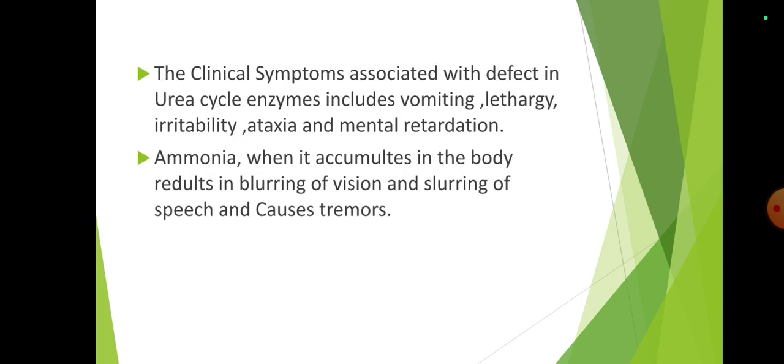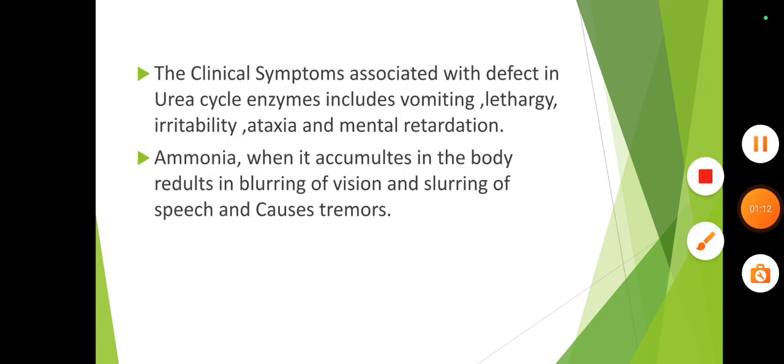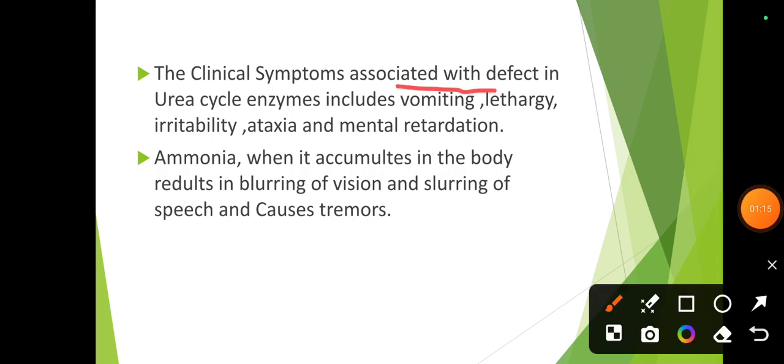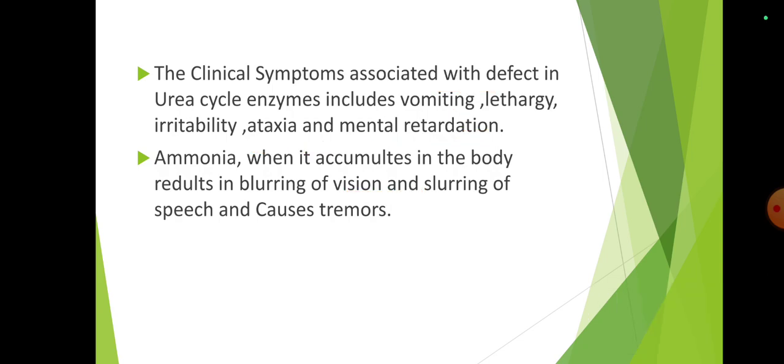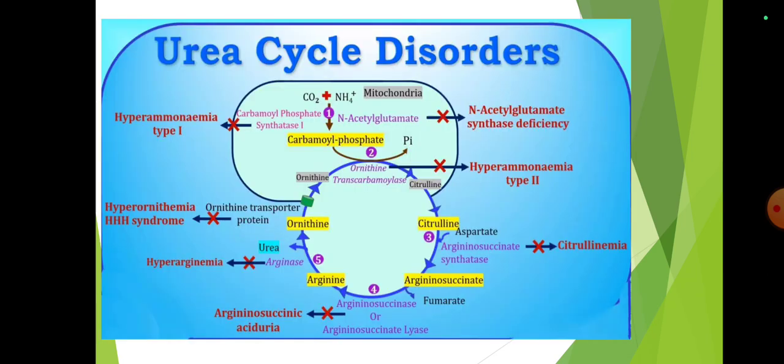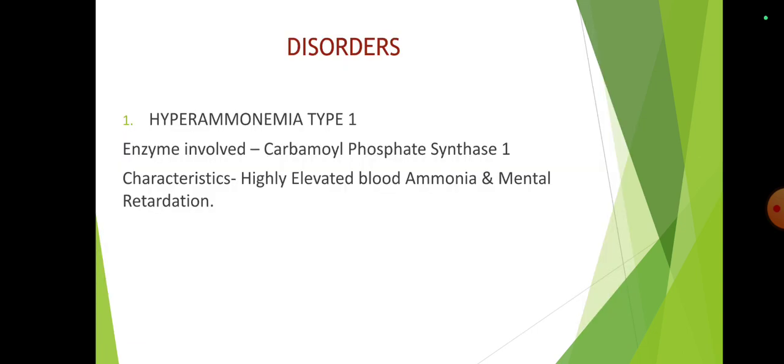Clinical symptoms with a defect in the urea cycle enzymes include vomiting, lethargy, irritability, ataxia and mental retardation. When ammonia accumulates in the body, it results in blurring of vision, slurring of speech and causes tremors. This is the whole summary in one slide, but before this we have to discuss in detail.